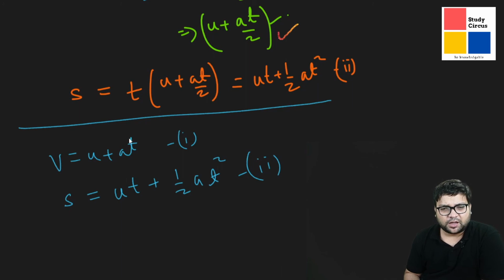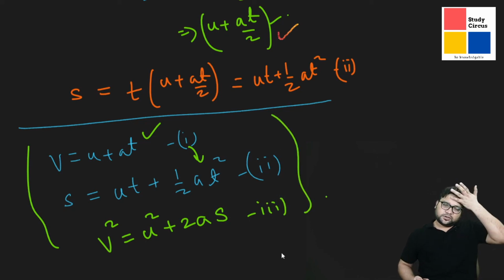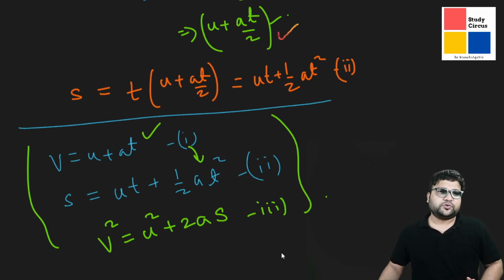Now, if you simply eliminate t from these two, take out the value of t from the first one and plug it into the second one, you get the third equation: v square is equal to u square plus 2 times a into the displacement. This is the third equation of motion. These three equations of motion we have found.